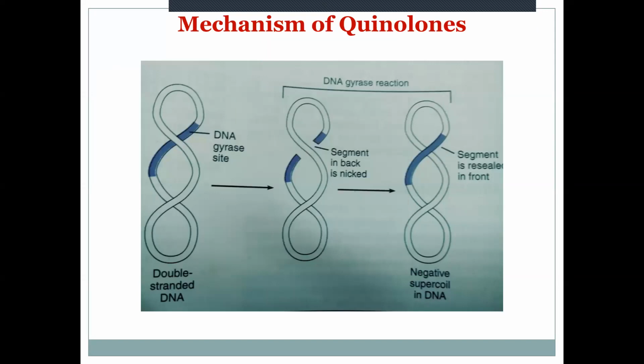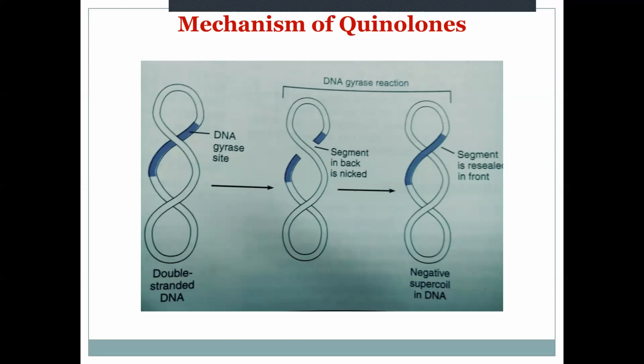DNA gyrase has two sites, site A and site B. Basically, it binds to site A, which is mainly responsible for cutting and resealing of the DNA strand. In normal bacteria, this cutting and resealing is necessary to prevent excessive supercoiling, because it introduces negative supercoiling as shown in the figure.